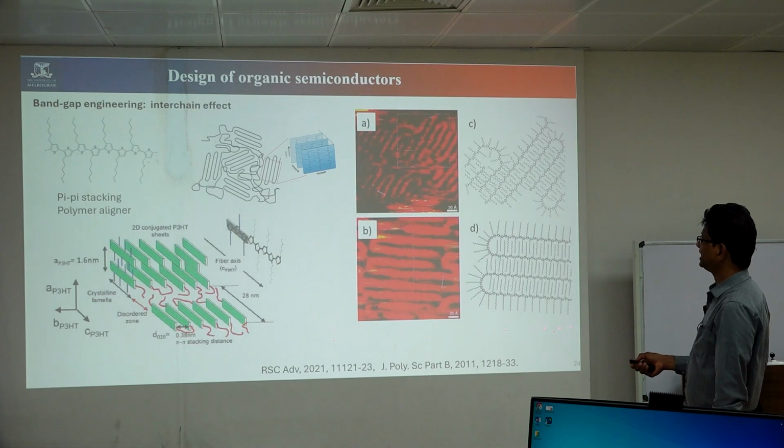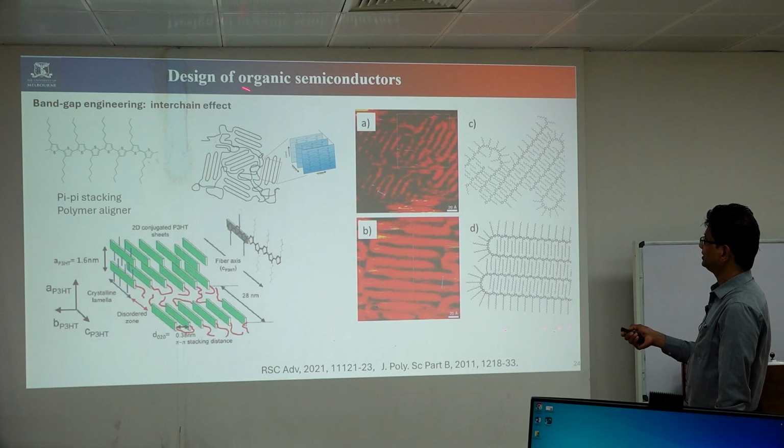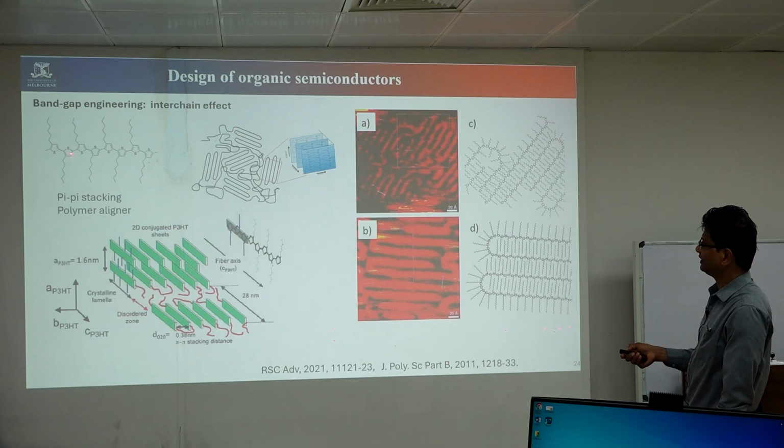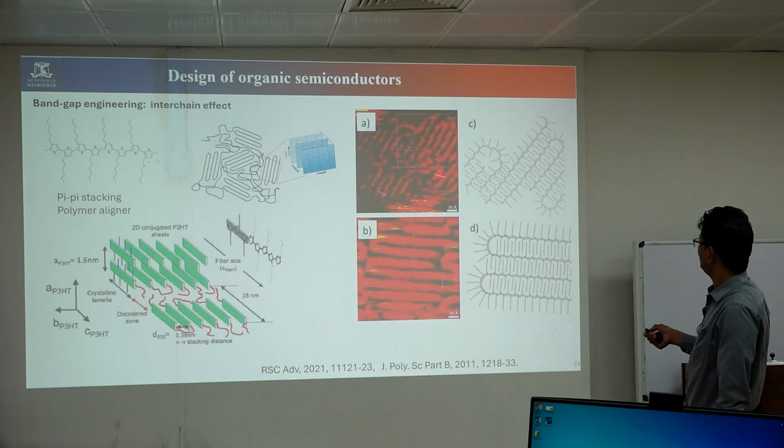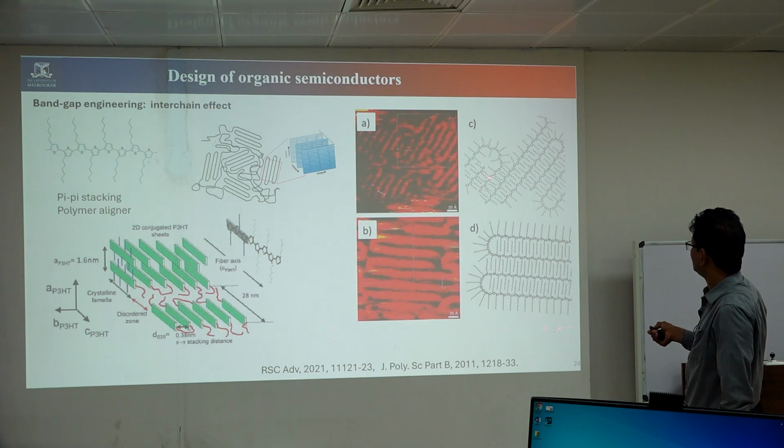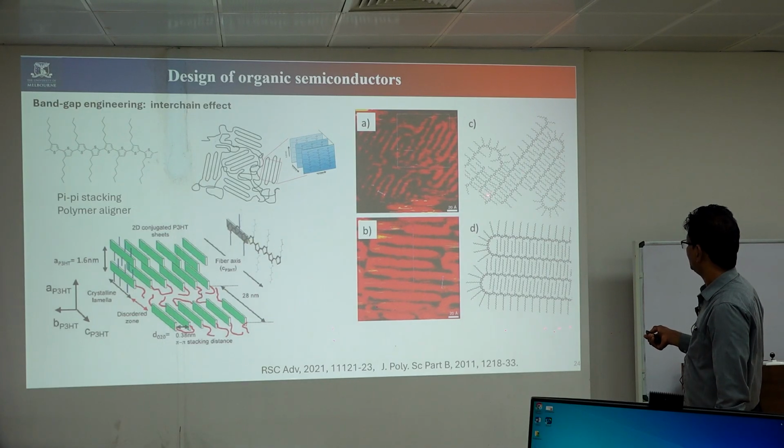The other one is the interchain effect. In this interchain effect, we have the thiophenyl ring and a lot of side chains. You see how well the interdigitation is aligned in this one. When the chains are aligned, each chain goes into the void of the other chains, because the next backbone comes in between.